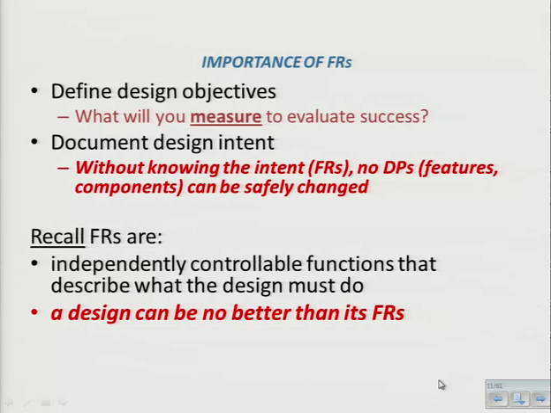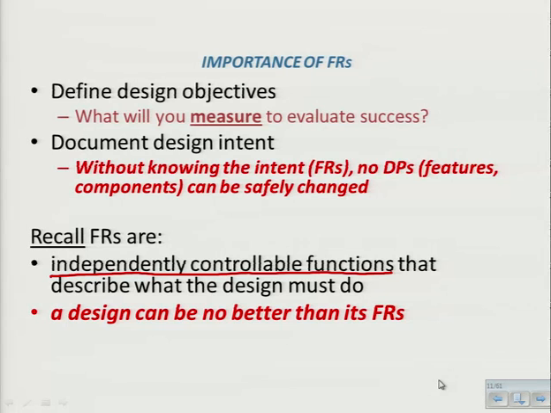Now, in the first lecture, we talked about the FRs being independently controllable. So as you figure out what they are, as you say, is this an FR? You go, is that something that is so important in this design that we need to be able to control it as temperature changes or whatever it is changes?